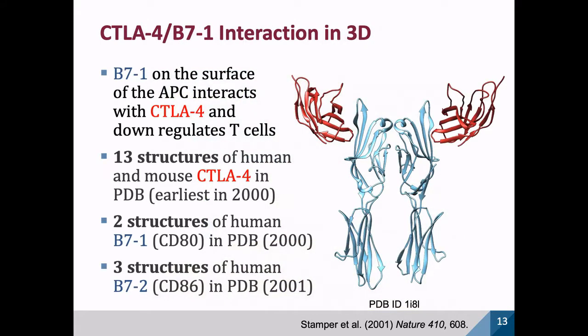So the interaction between CTLA4 and B7-1 serves to downregulate the response of the T cell when an antigen is presented.